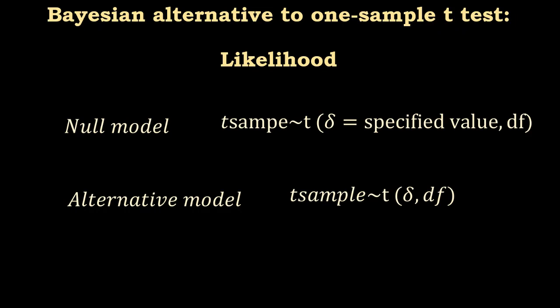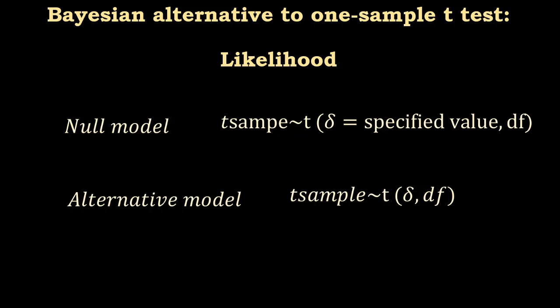The likelihood is a t distribution. Typically, what JASP does is to calculate a t-test on the sample. I'm not going to explain the t-test in the sample because you've seen that in many other courses, so we are not going to go through that.